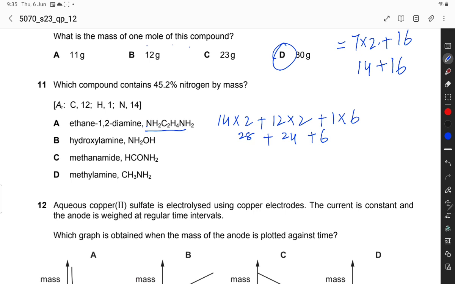So this is equal to 28 plus 24 plus 6, which is equal to 58.